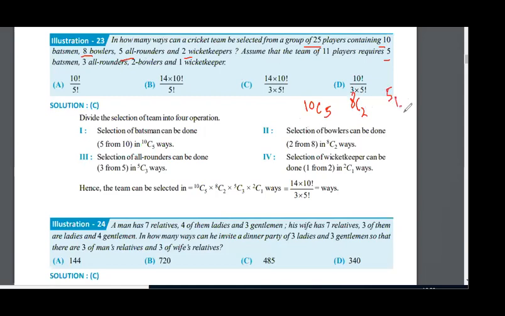So 5C3. And 2 wicket keepers. Out of 2, we need only 1 wicket keeper. So 2C1. So you have to select batsmen and bowlers and all-rounders and wicket keeper. So this is the answer. Tell me, got it everyone? Yes or no? Just raise your hand.